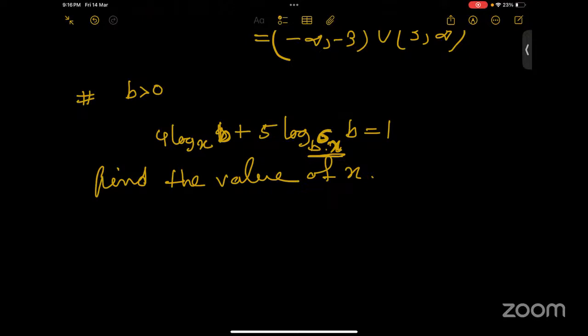Can you rewrite the second term? It's 5 log b. I'm not able to understand. The base is b to the power 6 into x. b to the power 6 into x. Is the multiplication with 6, or with b to the power 6, into x? b to the power 6 into x. This is the base. Okay.